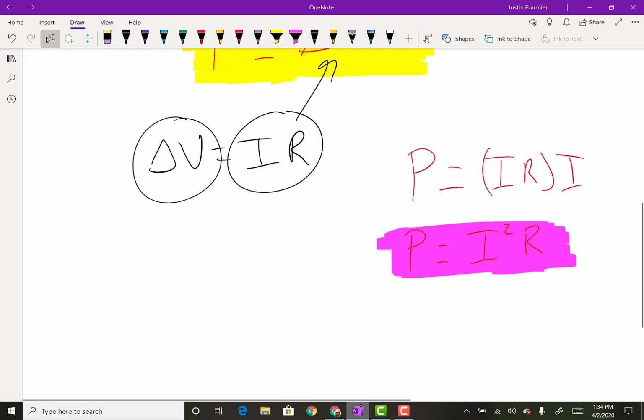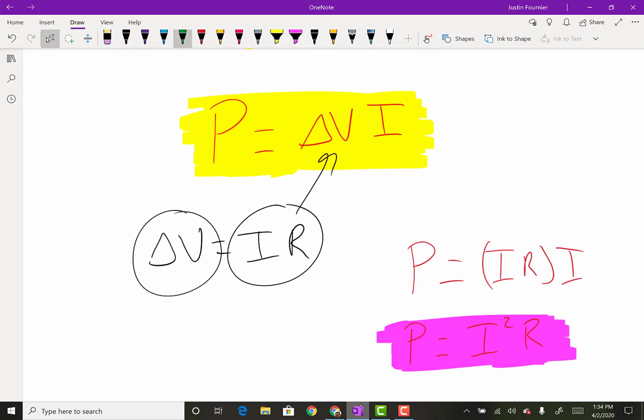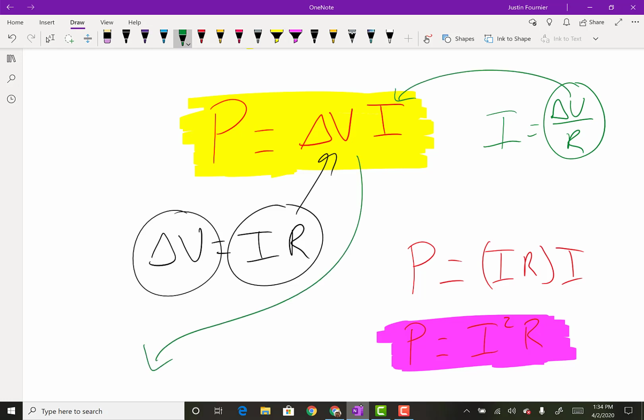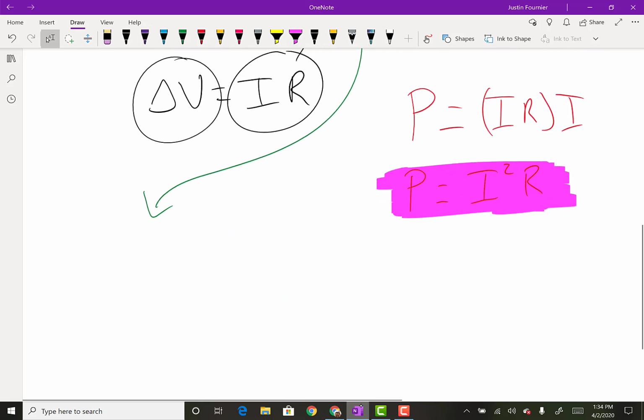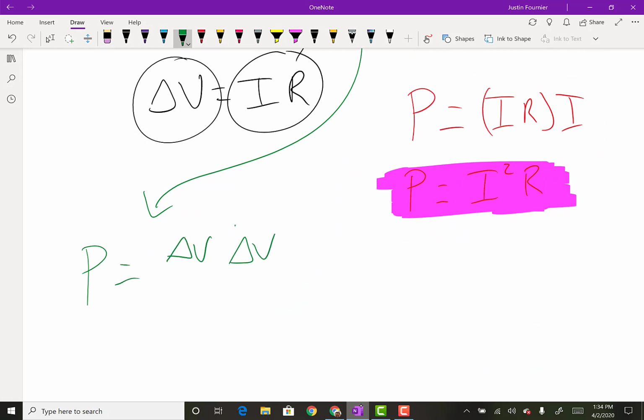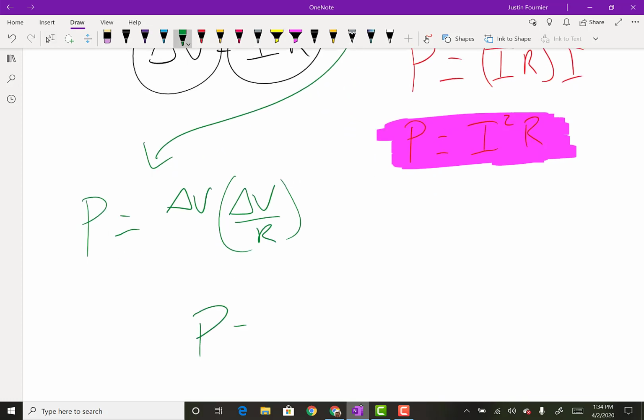Or I could do the same thing, but instead of saying V equals IR, I'll say I equals V over R, and plug it in for my current, and that'll give me power equals the electric potential multiplied by the electric potential over R, or that power is the electric potential squared over R. That's another way you can calculate power.